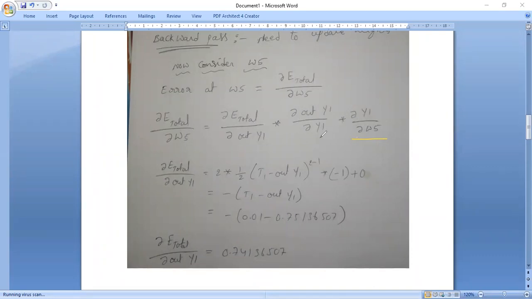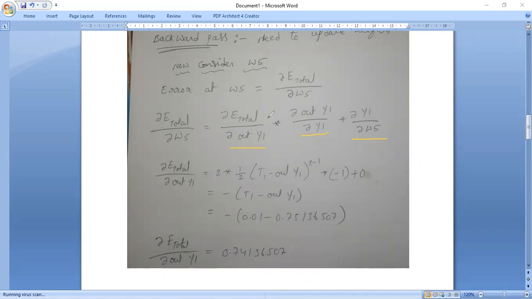After calculating node Y1, you get the output of Y1, and the output of Y1 is substituted into the total error.